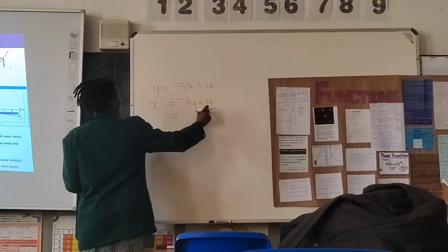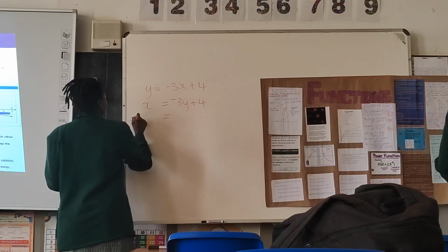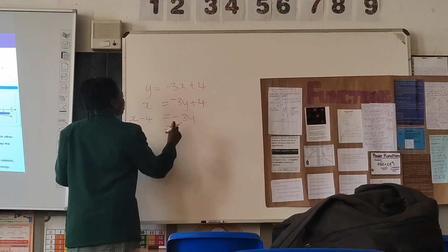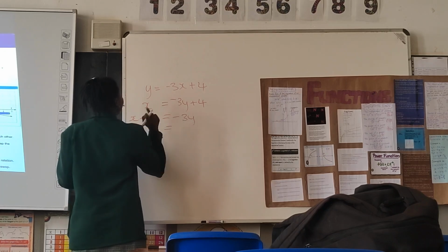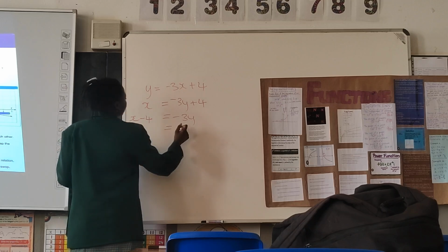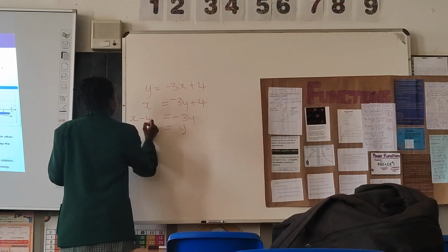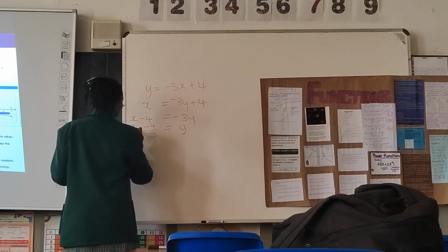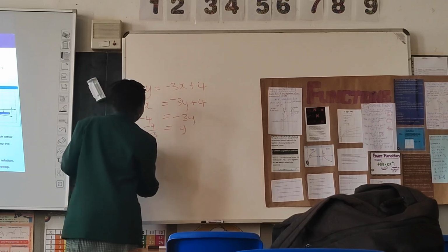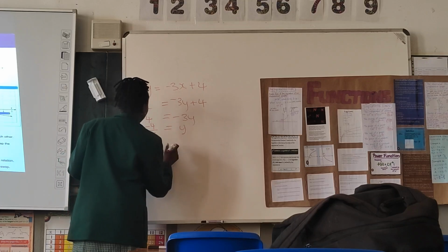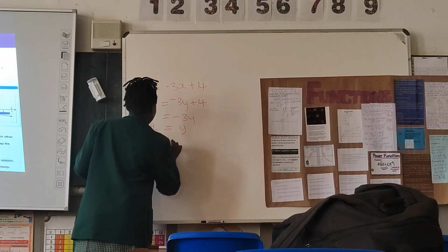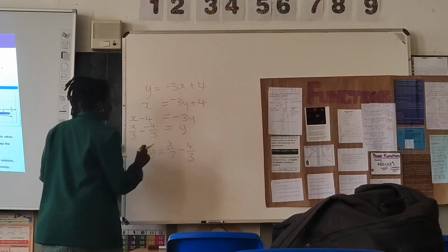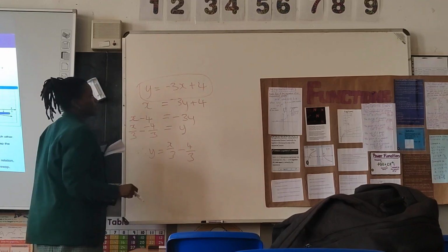And then bring over the 4 to the other side. Since you want to get y alone, you have to divide by 3 with the whole measure. Therefore, this is the inverse of this equation.